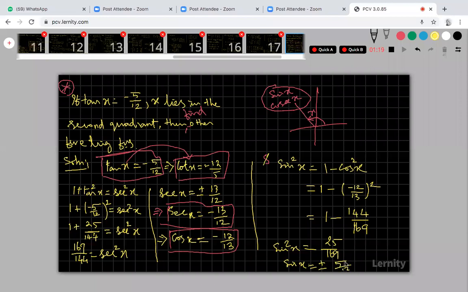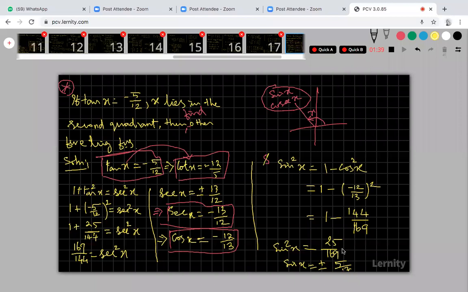Okay, but look at that. Your angle lies in the second quadrant. In the second quadrant, your sin is plus. So omit the minus value. Therefore your sin value is 5 by 13, right?